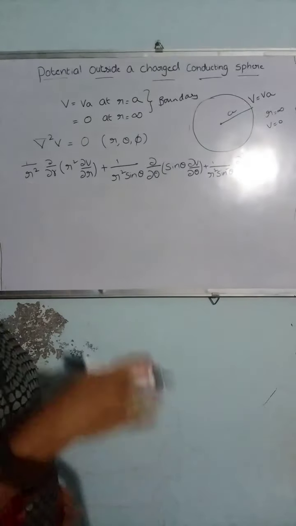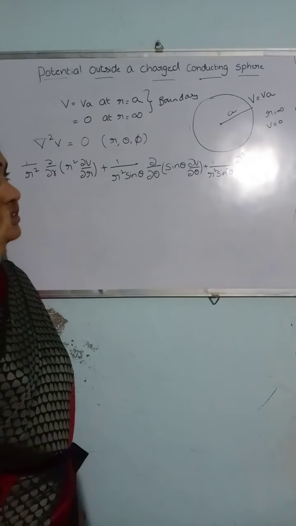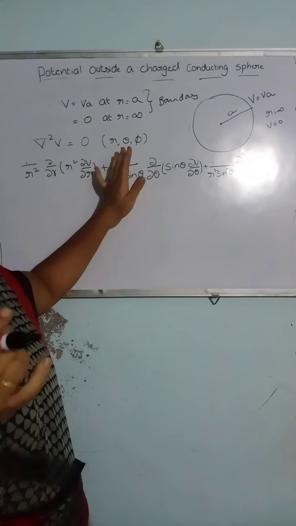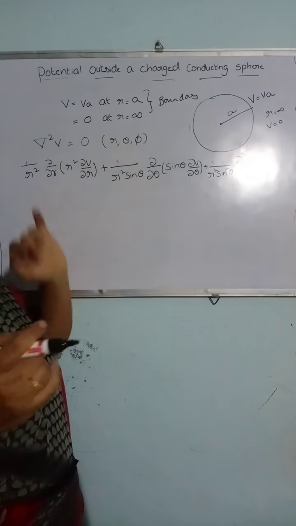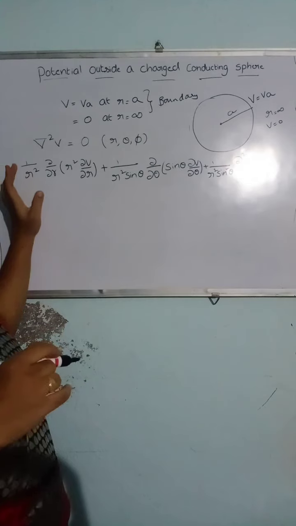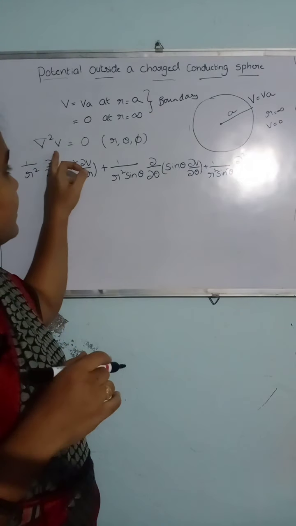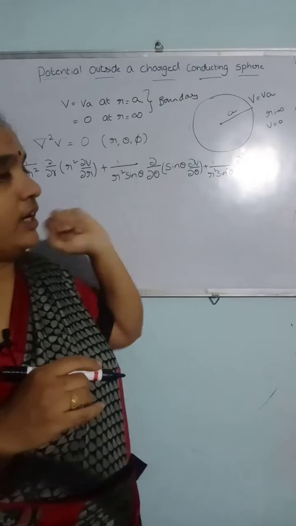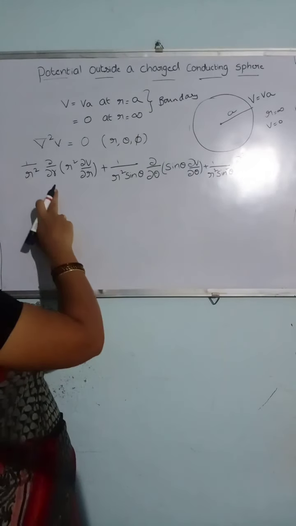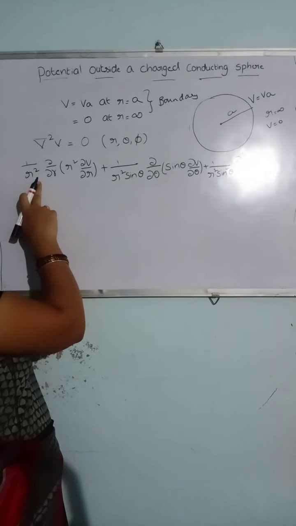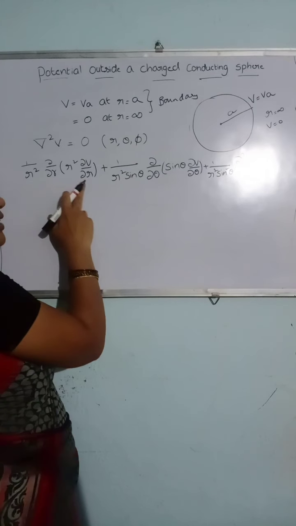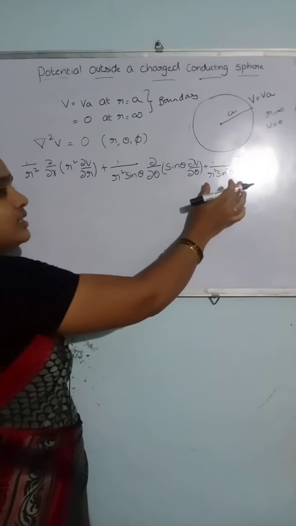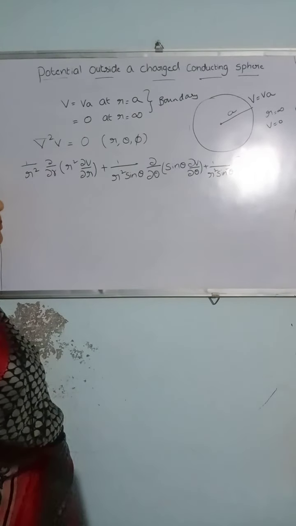So let us solve this application in the solution of Laplace equation in spherical polar coordinates. So we know that the Laplace equation is del square V is equal to 0. In terms of spherical polar coordinates r, theta, phi, we can write it as 1 by r square, dou by dou r of r square dou V by dou r, the second term corresponding to theta, third term corresponding to phi.